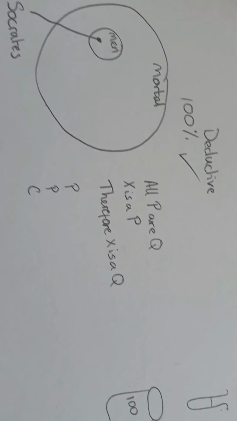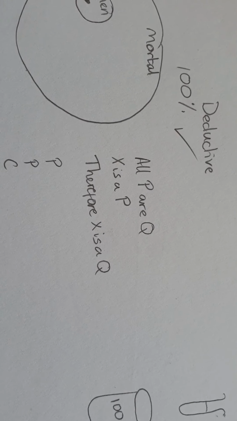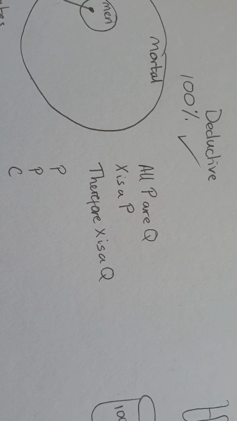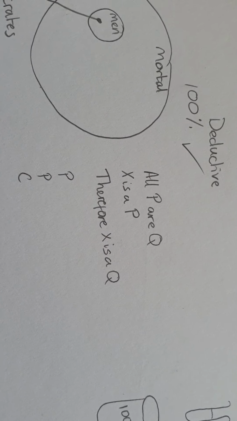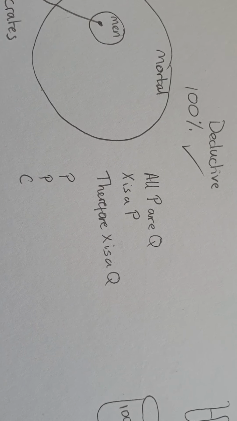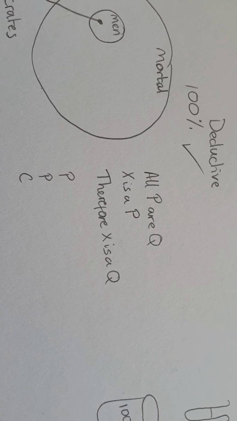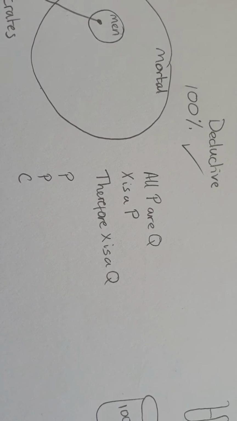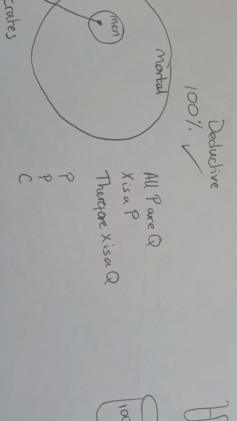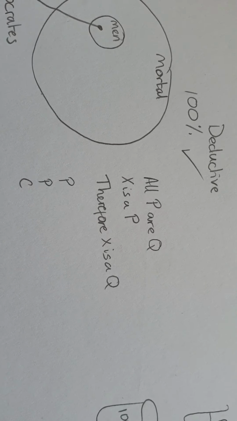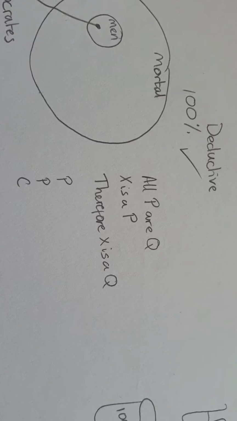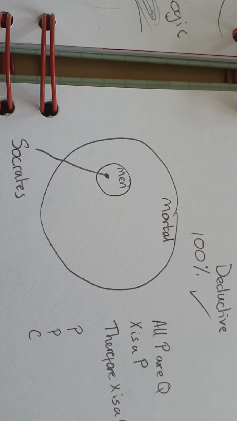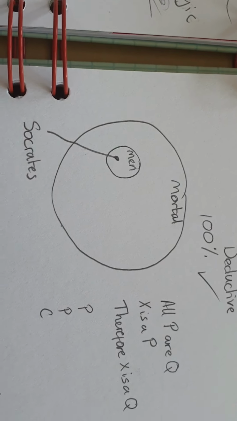So if you can see there, we've broken that down into its algebraic formula, the logical formula there. All P's are Q's, so all men, being P, are Q, being mortal. X, being Socrates, is a P, man, therefore X, Socrates, is a Q, mortal. If you look at it in a Venn diagram format, it makes a little bit more sense.